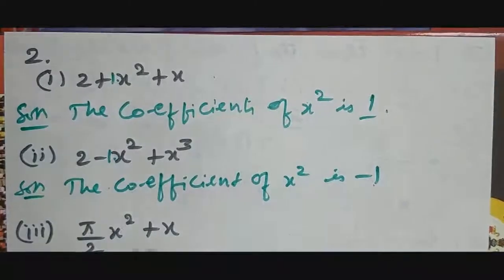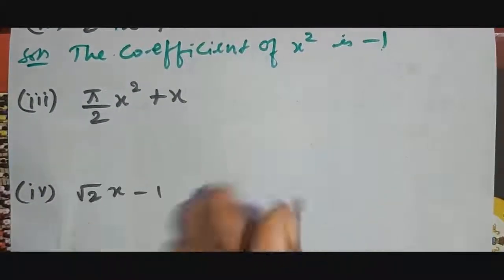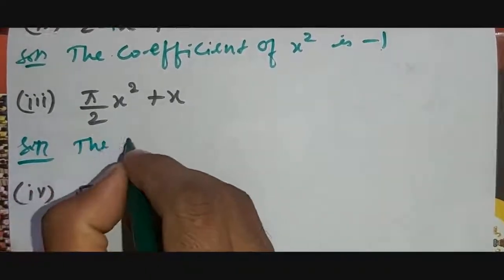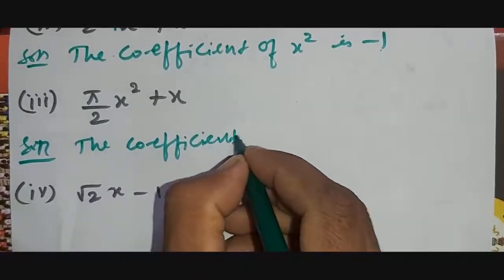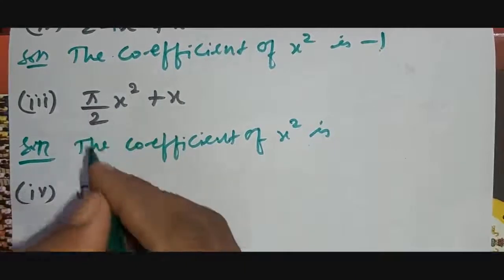Third one, solution: the coefficient of x square is pi by 2.